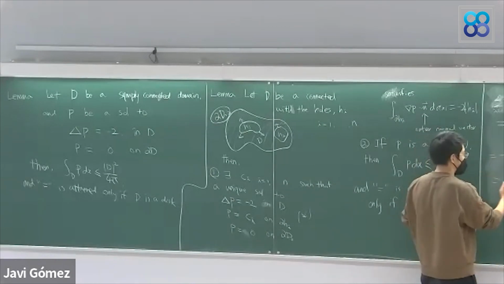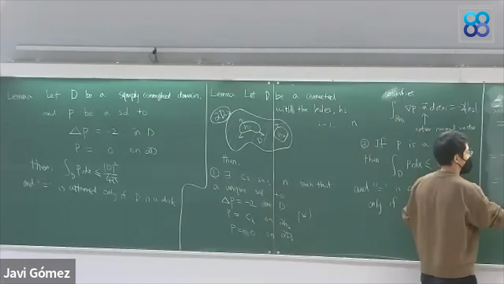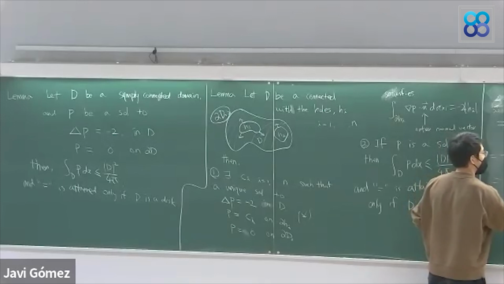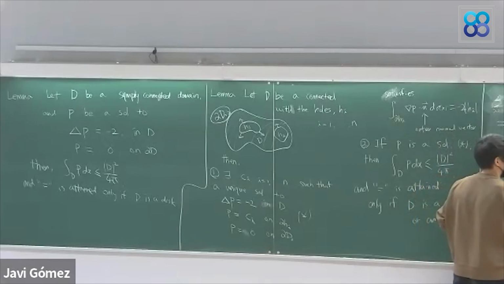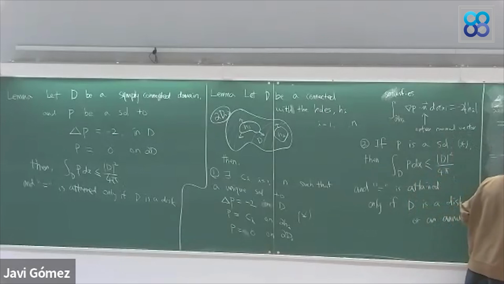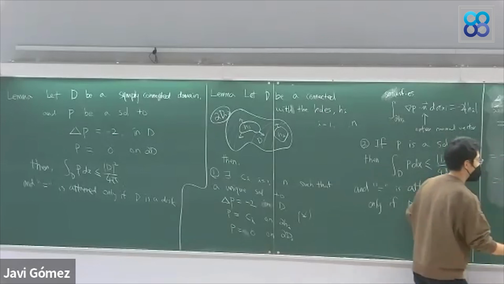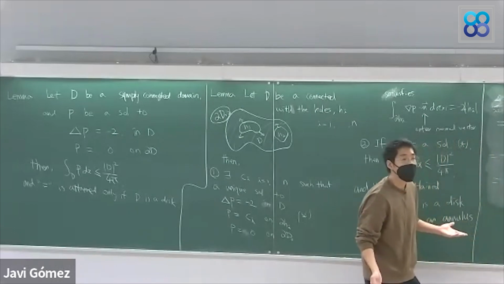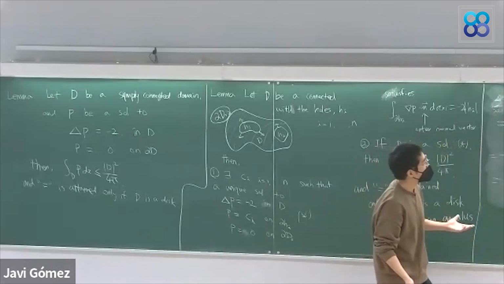So this is just the negative Laplacian of V, and this is 0, right? This is about the sign of the normal vector.